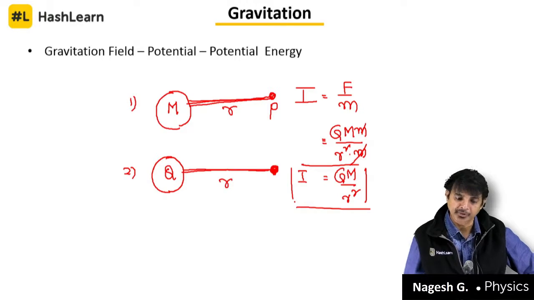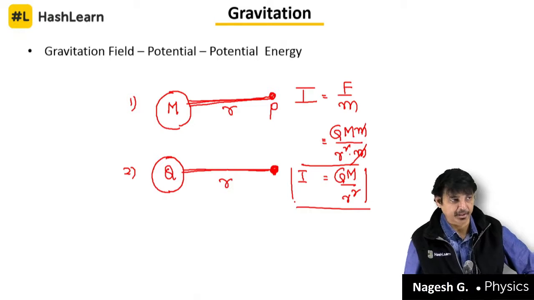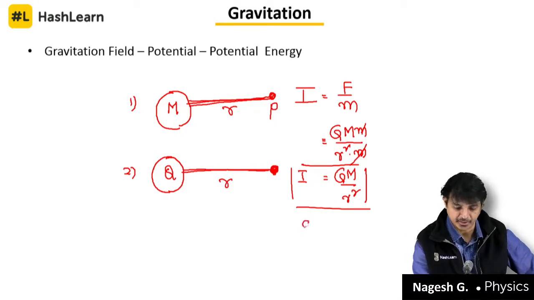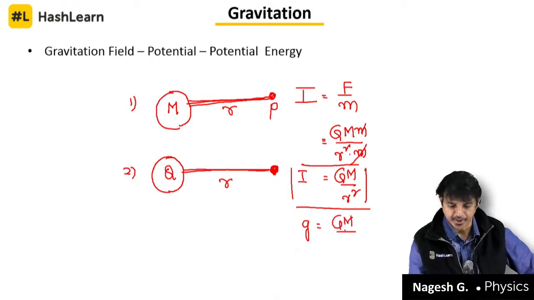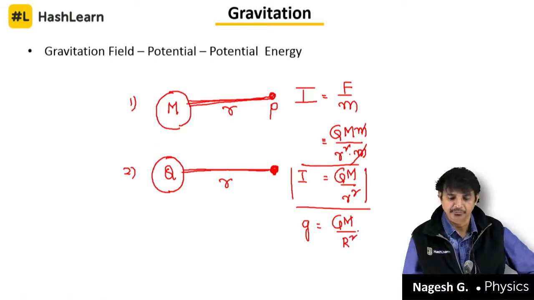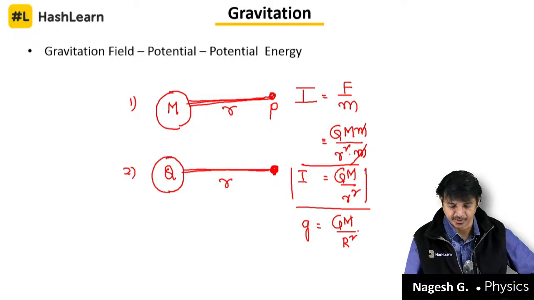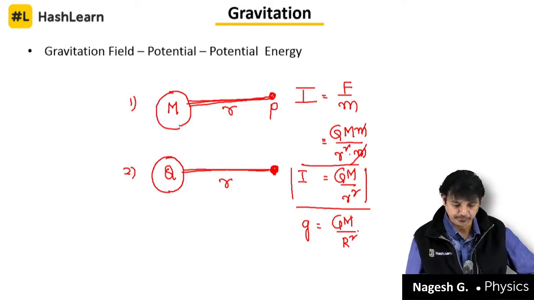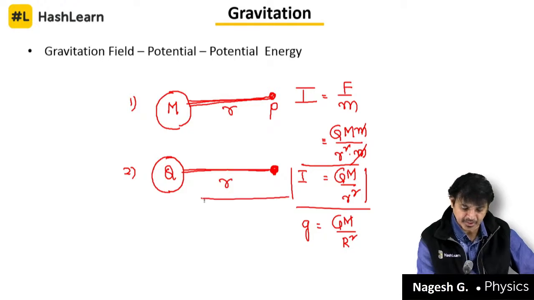When you observe this equation, you will find there is a dimensional similarity between this equation and the relation between small g and capital G. There you had GM by r square. So dimensionally I is equal to GM by r square and g is equal to GM by r square, both are the same. And this intensity of the gravitational field is a vector quantity.